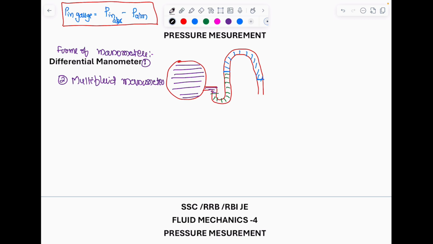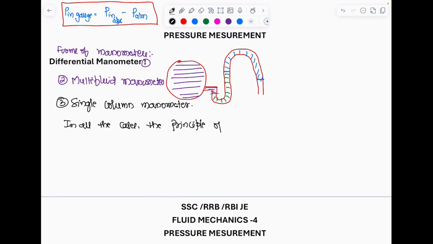And there can be single column manometer. In all the cases, the principle of measurement remains the same.